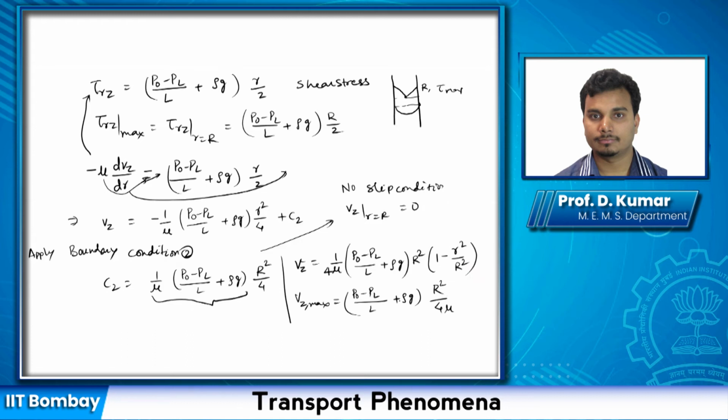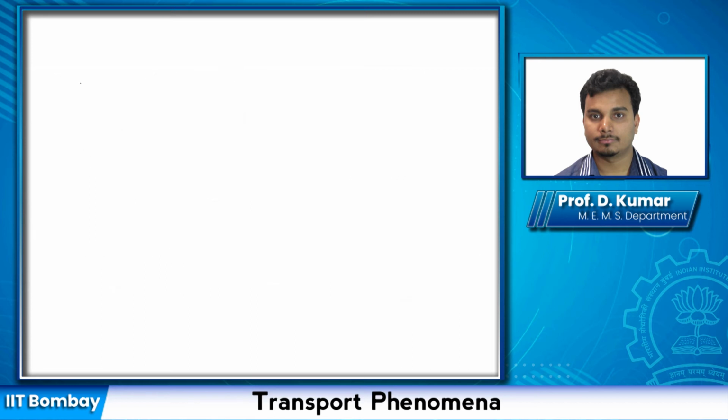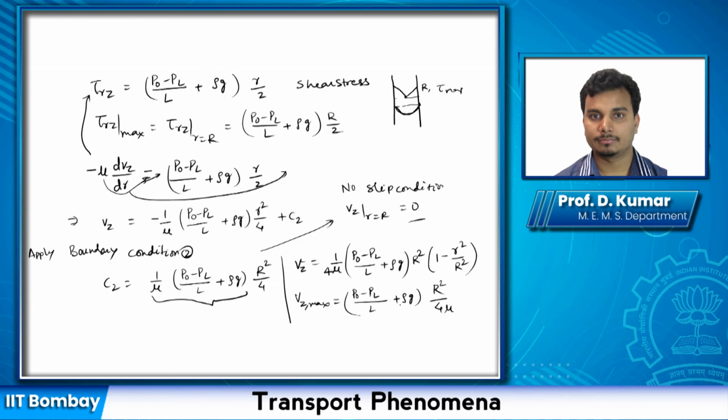So this is your Vz max, and from here it follows parabolically, and then at the wall this becomes 0 as we have seen in the condition. So this is your velocity profile in the radial direction. Vz you can also write as Vz max times 1 minus r squared by R squared. It is the same thing.